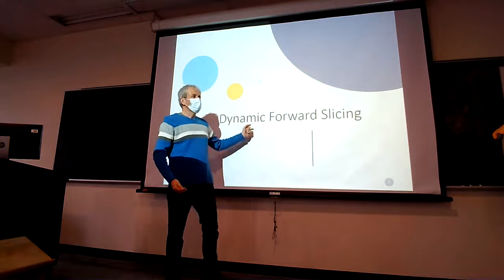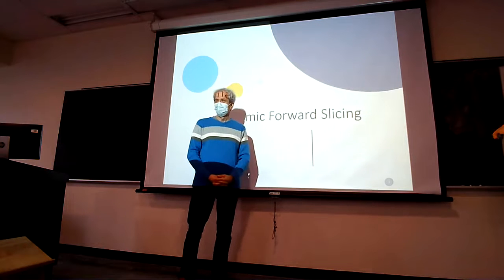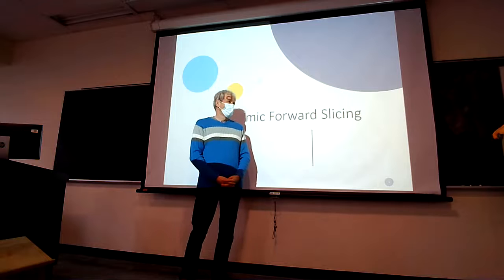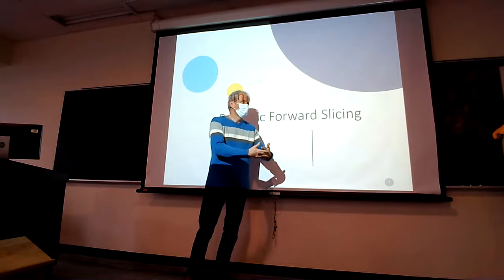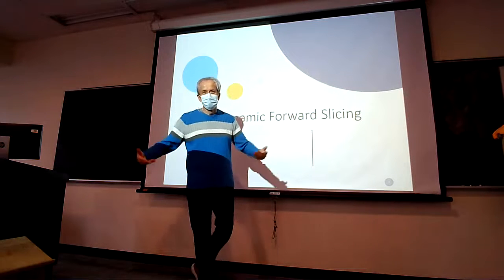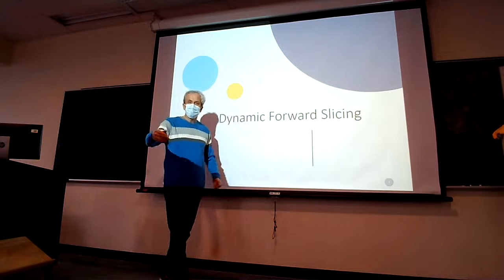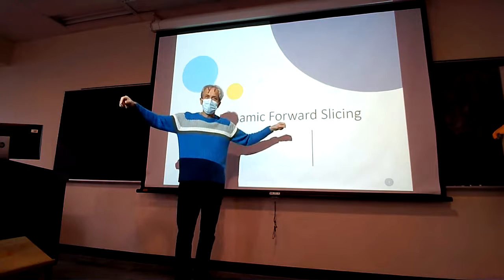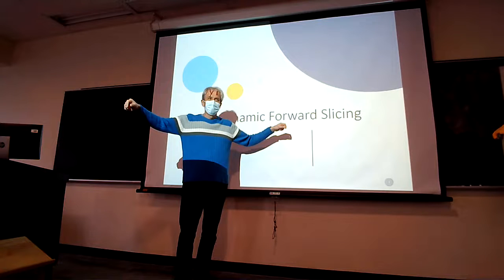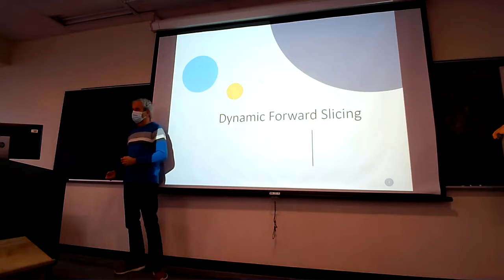And now what would we assume with a dynamic forward slice? If we follow the same terminology, we would just assume it's again the same dynamic dependency graph, and we would just traverse all outgoing edges. And then we get the impact.